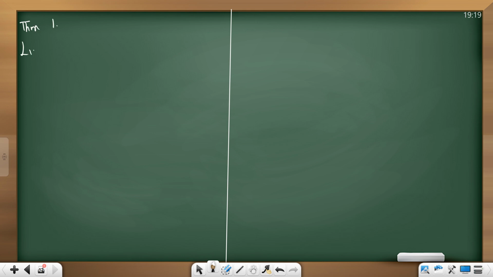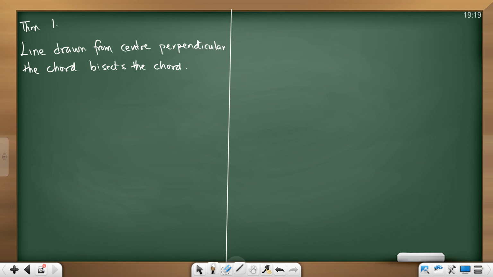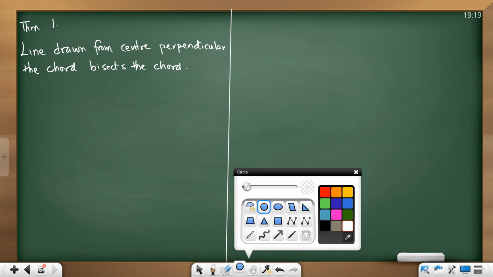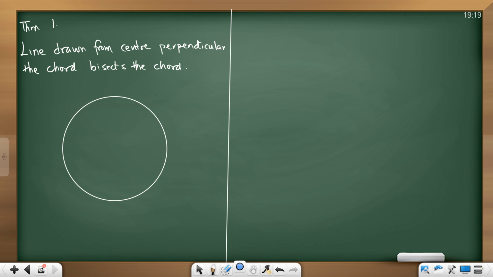A line drawn from the center, perpendicular to the chord, will bisect the chord.